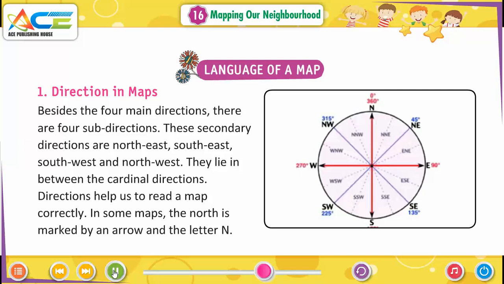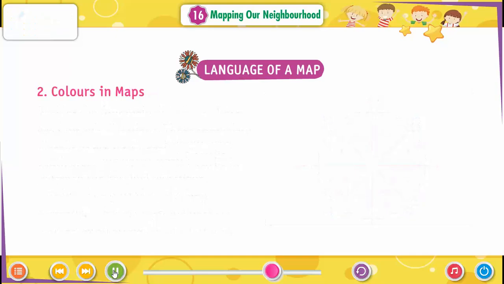These secondary directions are northeast, southeast, southwest, and northwest. They lie in between the cardinal directions. Directions help us to read a map correctly. In some maps, the north is marked by an arrow and the letter N.